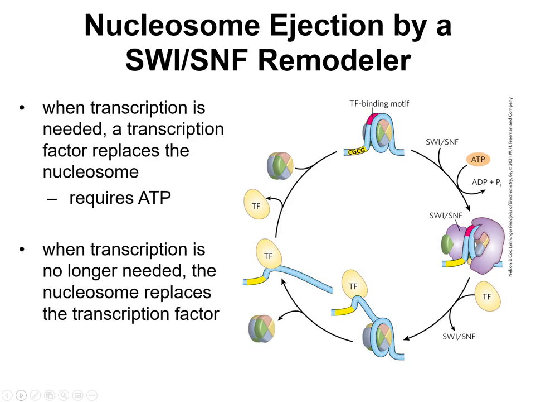So when you have to do transcription in a particular area, a transcription factor will replace the nucleosome, and this requires ATP. When you don't need transcription anymore, then the nucleosome will come back and bind, and the transcription factor is gone. So with these SWI/SNF complexes, you have to have ATP. This is why regulation is expensive.